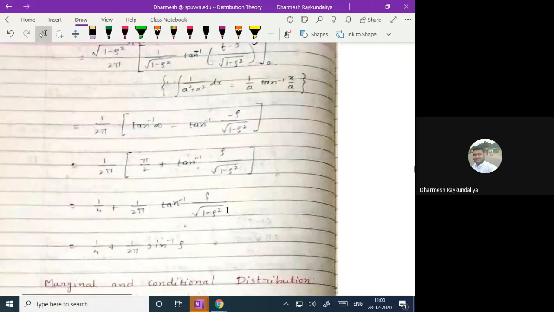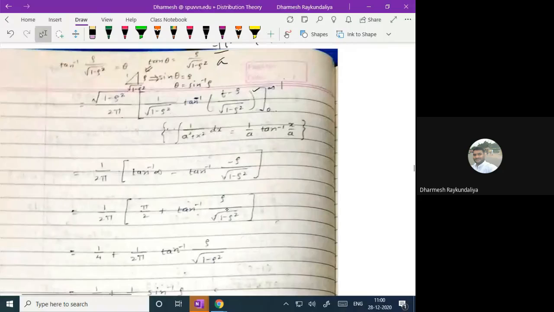Okay. Now just substitute t infinity, so it is tan inverse infinity. Since tan pi by 2 is equal to infinity, pi by 2 equals tan inverse infinity. Substituting t equal to 0, it is tan inverse of minus rho upon square root of 1 minus rho square.